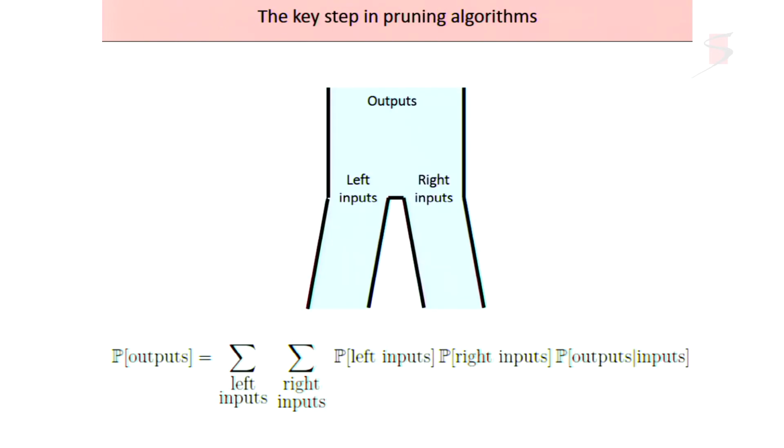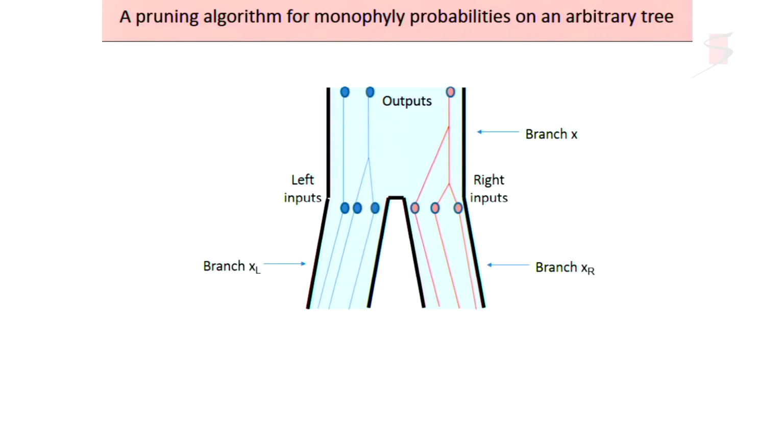Remember, this is the shape of a pruning algorithm. Now here's what it looks like in this particular case. If we're looking at reciprocal monophyly, we have, say, a branch X. We've got the two branches below branch X. We've got outputs of some node of branch X, and then inputs coming from the left and from the right.